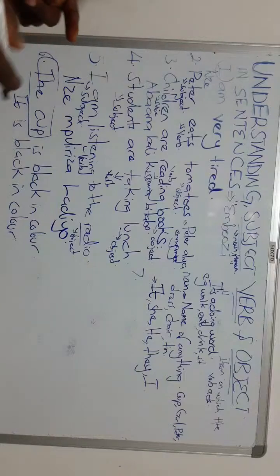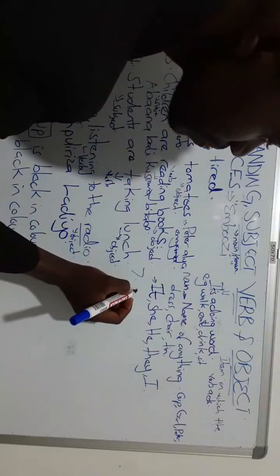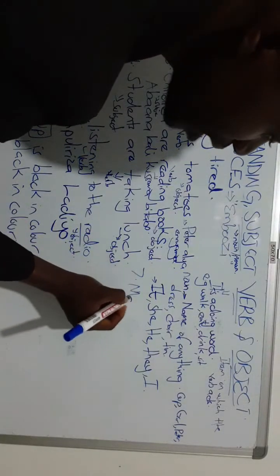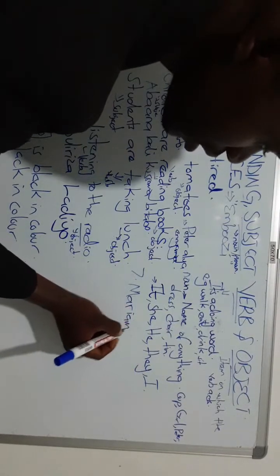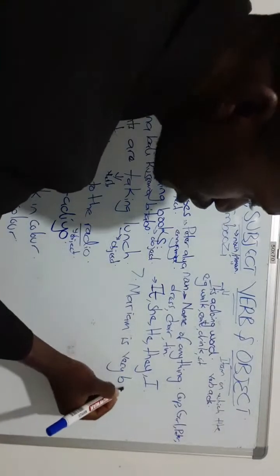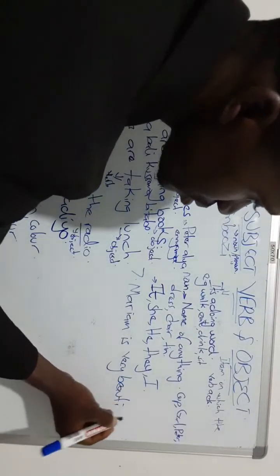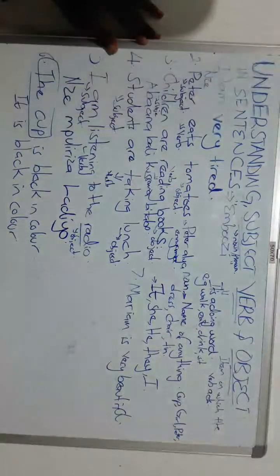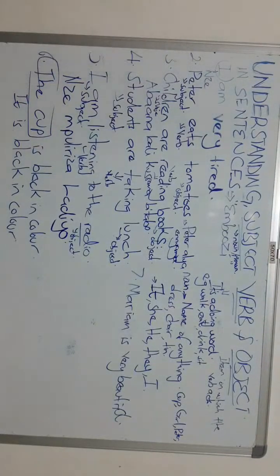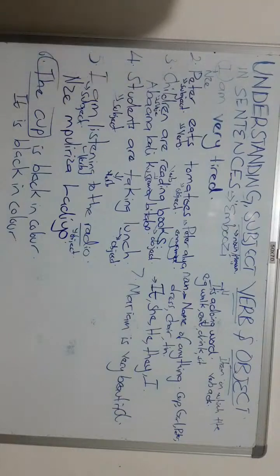So omuwala oyo mulungi nnyo. Very. Nnyo. Ekintu nga kyamaanyi nnyo nnyo nnyo. It is very. So if you know the girl, you can say, assuming you know the name of the girl, and she's called Mariam. Mariam is very beautiful. Omuwala oyo mulungi nnyo.